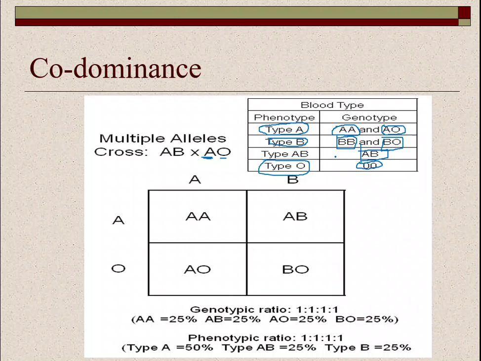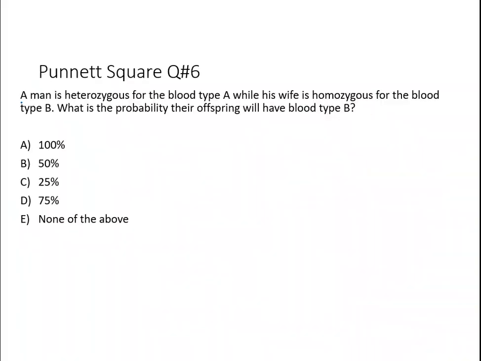So using this information, we can use a Punnett square to predict the chances that an offspring will inherit a specific blood type. So here's a Punnett square question, and we can go through it together. A man is heterozygous for the blood type A. So I'm expecting his genotype to be AO.